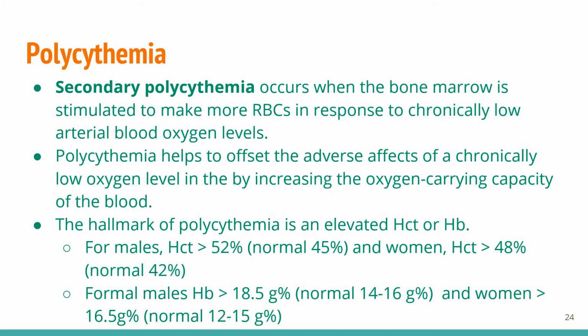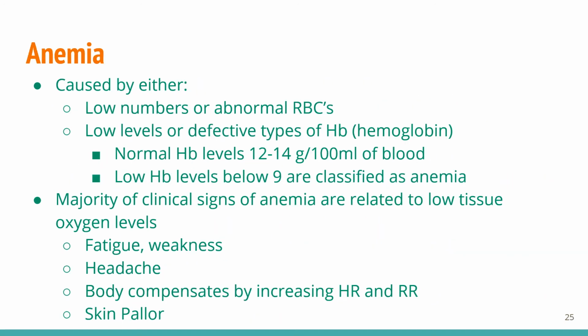So don't get too terribly hung up on reference ranges. We talk about normals, but I like the word reference range because some people's normal is just their normal, and it might not necessarily be the textbook reference range. But anyway, greater than 18.5 for a male, and greater than 16.5 for a female if you're looking at hemoglobin. But it's generally their crit level that they look at.